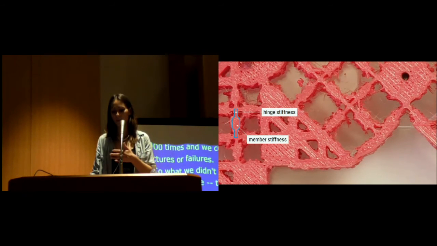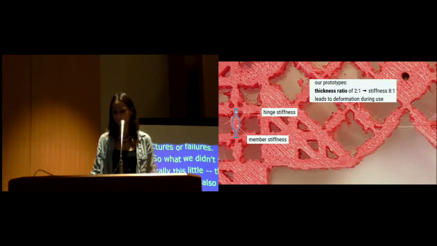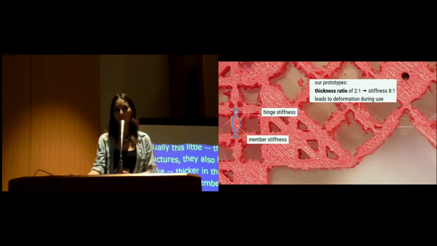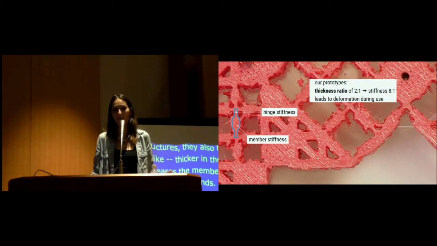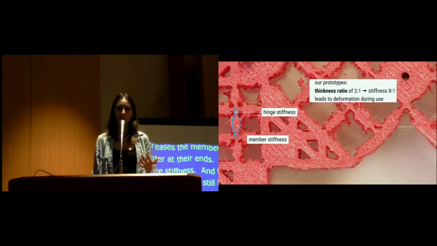This is to have the deformation, but still be rigid enough to transport force to the neighbor cell. In our prototypes, because we were printing them on a consumer 3D printer, the Ultimaker, we used just a thickness ratio of 2:1, so that gives you a stiffness ratio of 8:1.